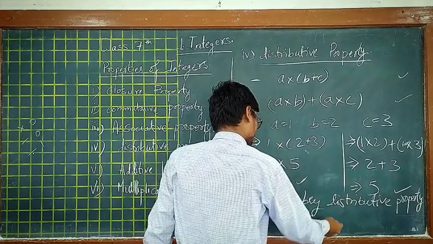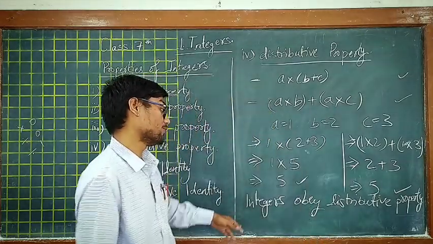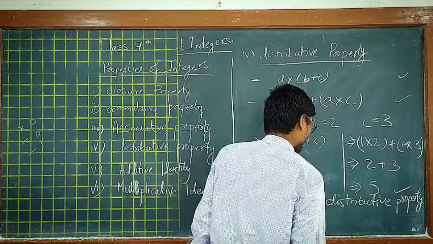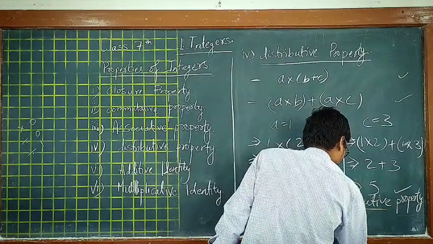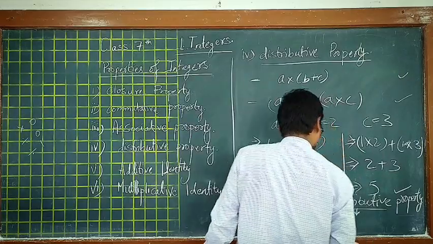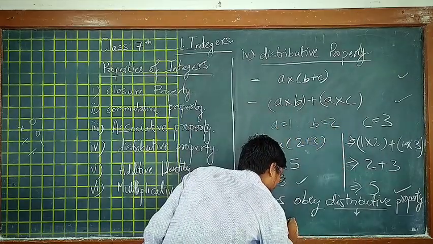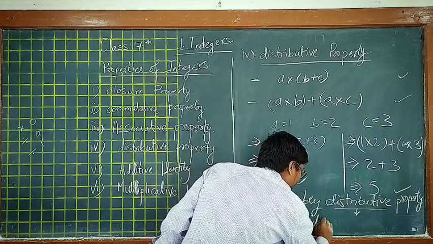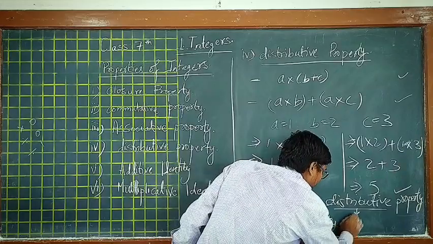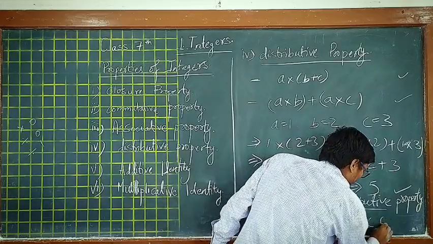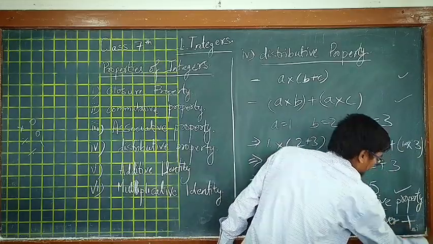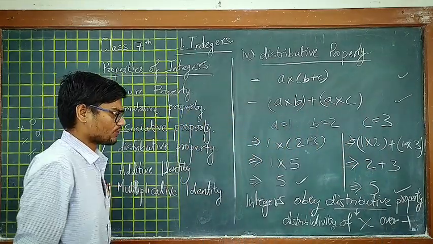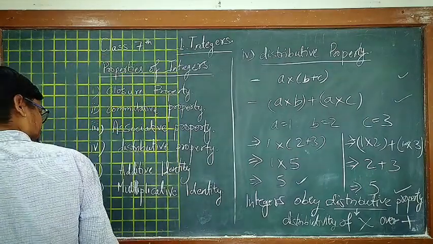Okay, so here we need to be very specific what type of distributive property. Here the distributivity of multiplication over addition. Integers obey distributivity of multiplication over addition.